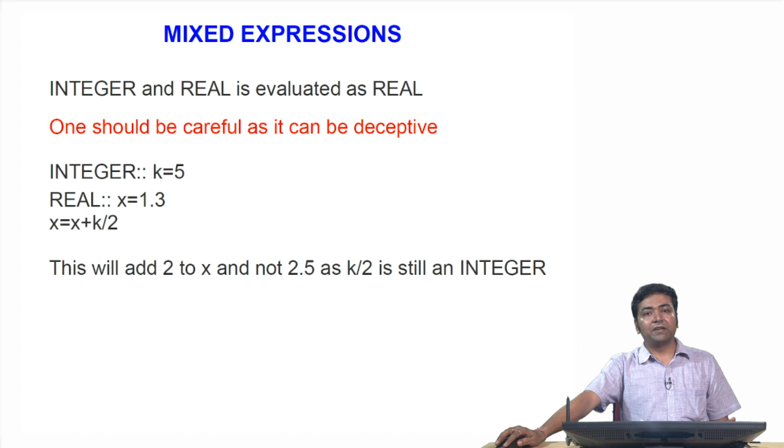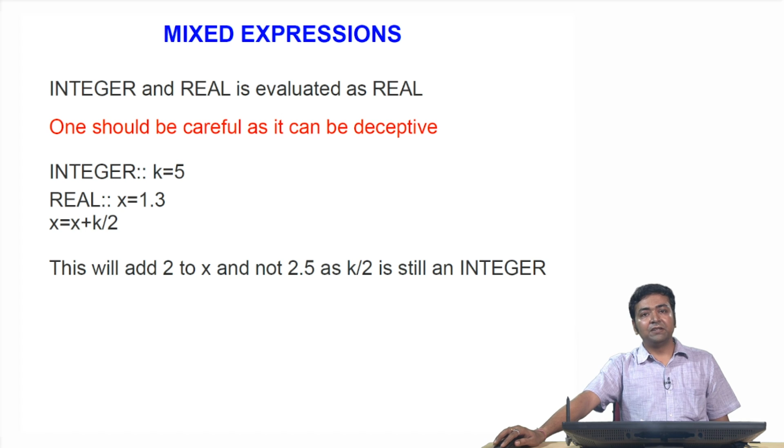So, I would expect x to be 3.8, but in reality, since my k is an integer number and I am dividing it by 2, which is also an integer number, the actual value of this division will be 2 and not 2.5 as one would expect, because this is an integer division.